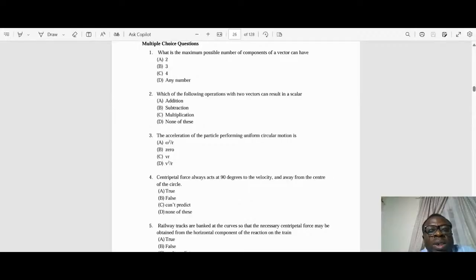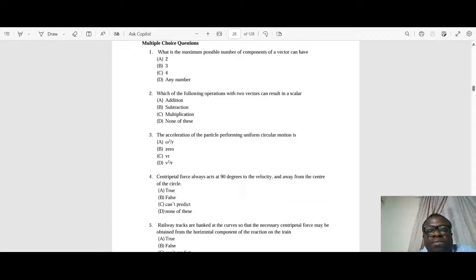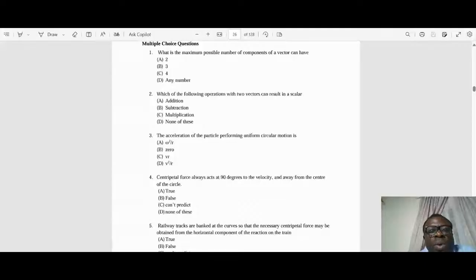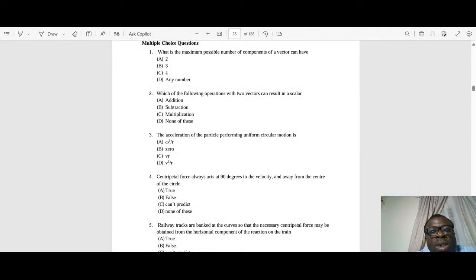The question is, what is the maximum possible number of components a vector can have? A, 2. B, 3. C, 4. D, any number.